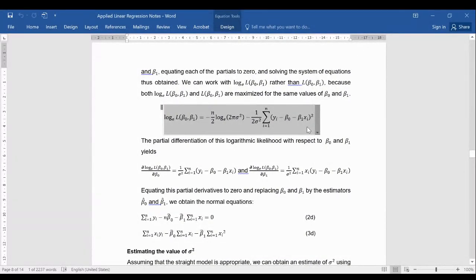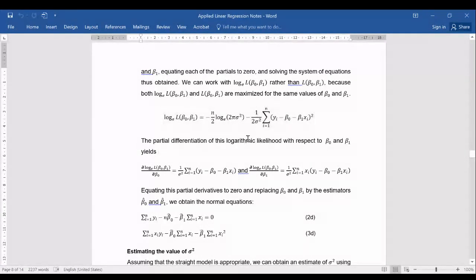And as I've indicated, we want the values of beta 0 and beta 1 that maximize the likelihood function. We obtain those values by differentiating the log of the likelihood function with respect to the parameters. So if we differentiate this with respect to beta 0, this part is a constant, so it is 0.